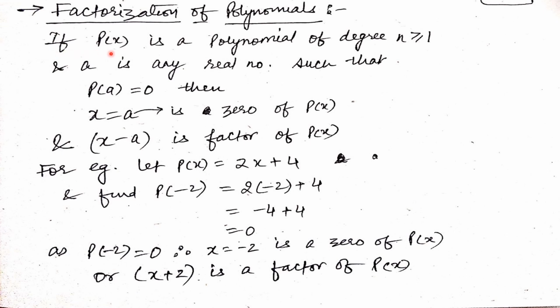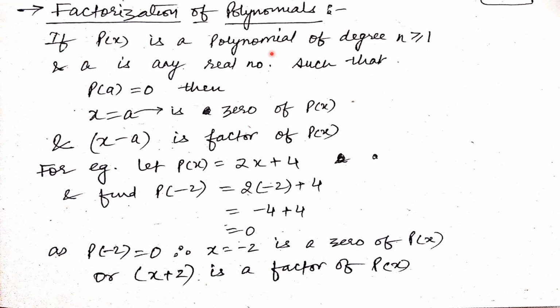If Px is a polynomial of degree n which is greater than or equal to 1. So you can say degree 1 is possible, that is a linear equation. Degree 2 is possible, that is a quadratic equation. Degree 3 cubic and so on. But it cannot be less than 1 because if you take it less than 1 it will be a constant number. Okay.